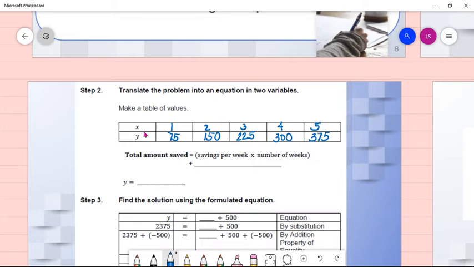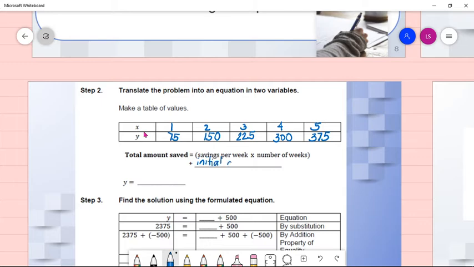Then, the total amount saved, so the total amount that she will save is equal to savings per week times number of weeks plus the money she has already put in, which is her initial amount of savings. So she already has an initial amount of savings.